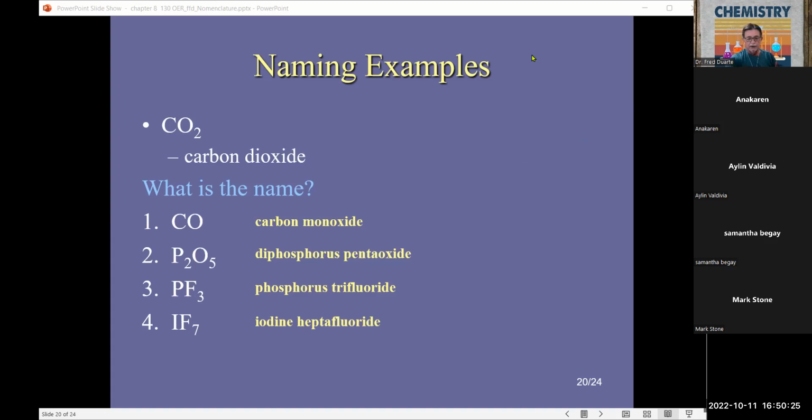And as a general guideline, when you see the formula, the first element, whatever it may be, will represent the central atom, and whatever follows is bonded to the central atom, and we would change those to the -ide ending. Okay.